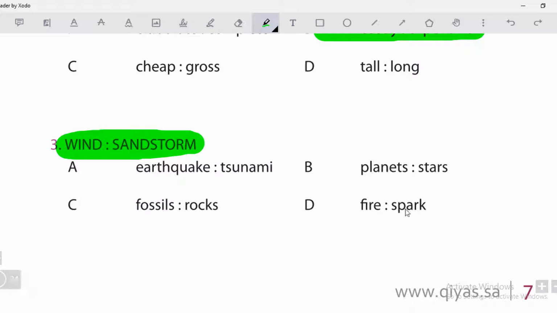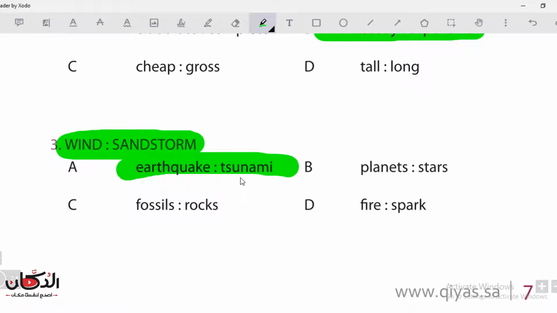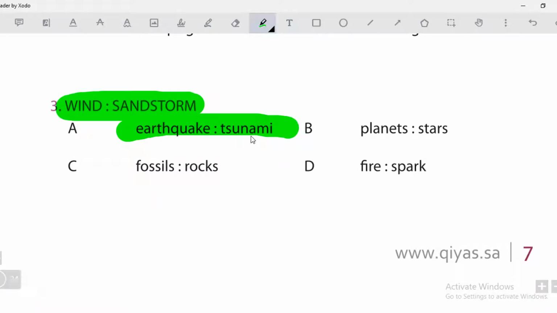No. Fire and spark, fossils and rocks: they are related, but not with the same relationship as wind and sandstorm. You can decide that earthquake and tsunami have the same relationship, since usually a tsunami is accompanied by earthquakes.